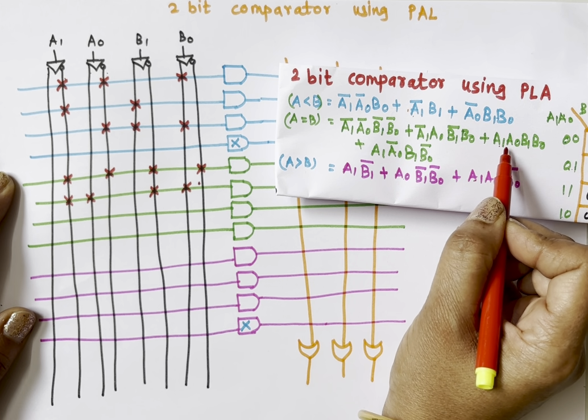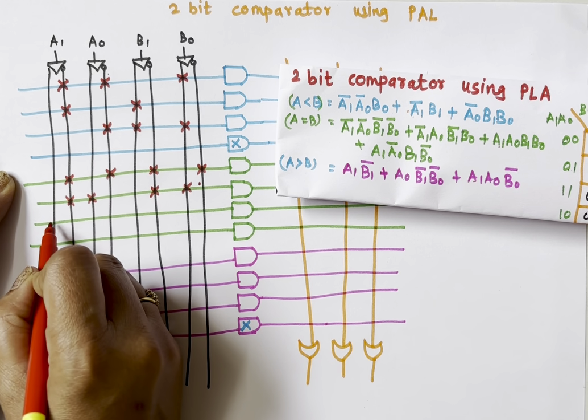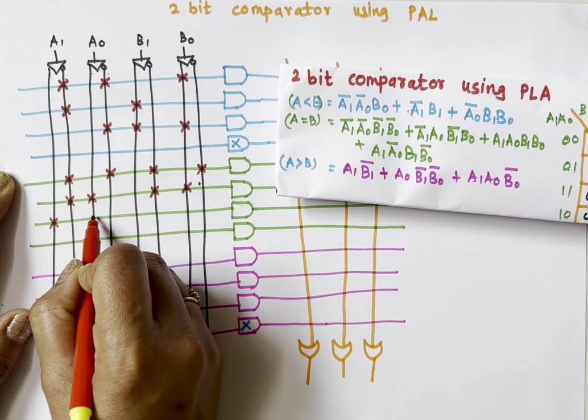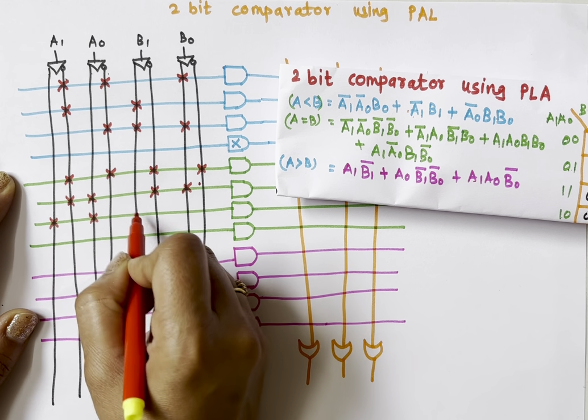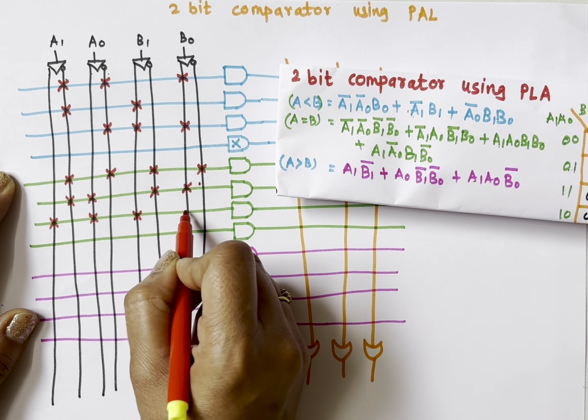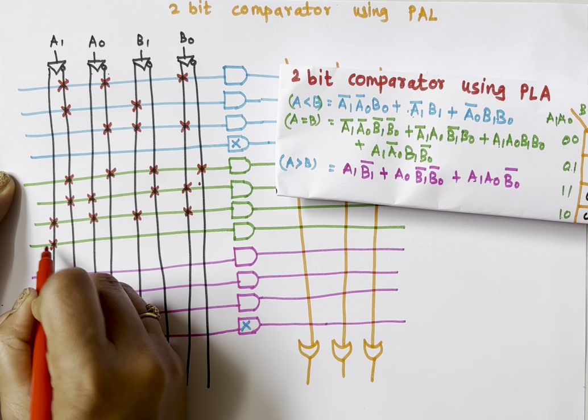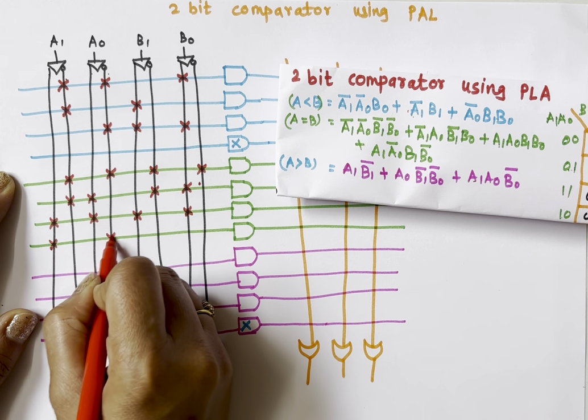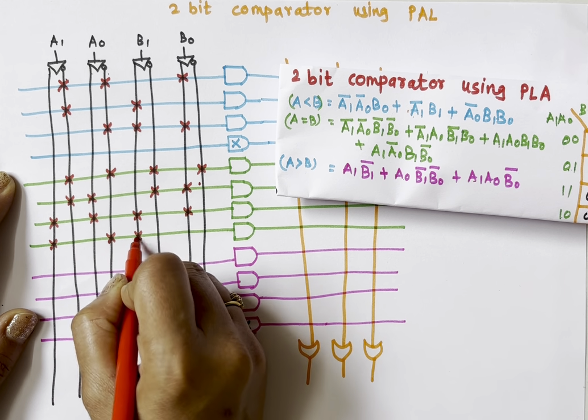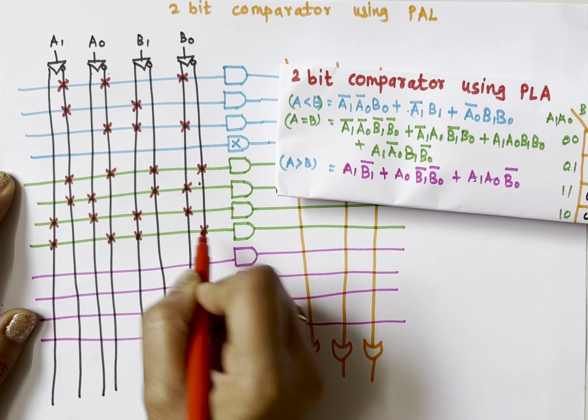Then A1, A0, B1, B0. Then A1, A0 bar, B1, B0 bar.